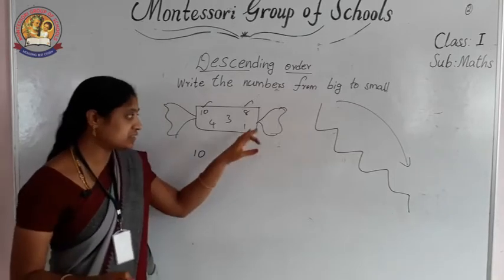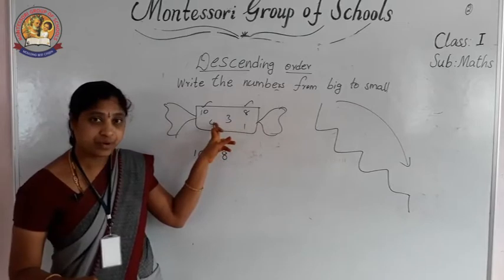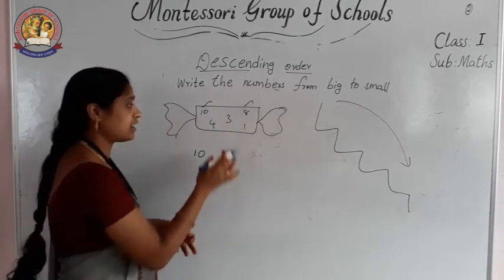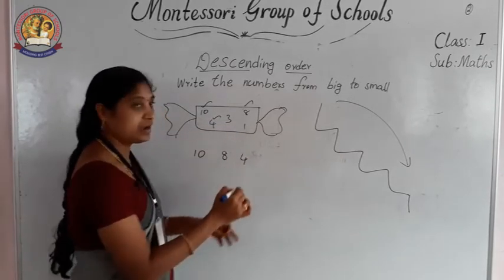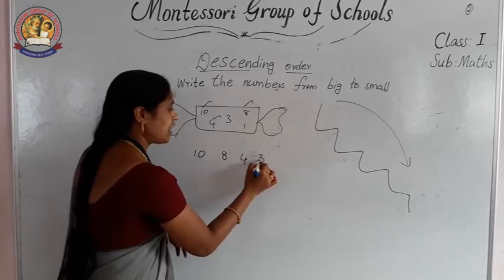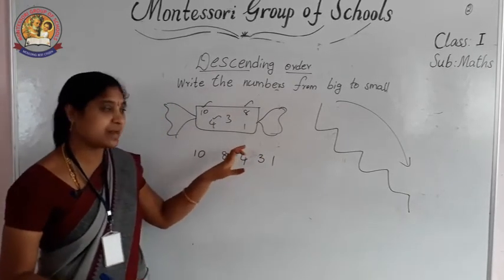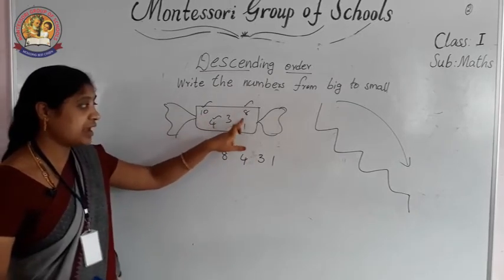Now 1, 3 and 4. The next number is 4. Right, here 4. Next 3 and 1. In this chocolate the numbers are 10, 4, 3, 8, 1.